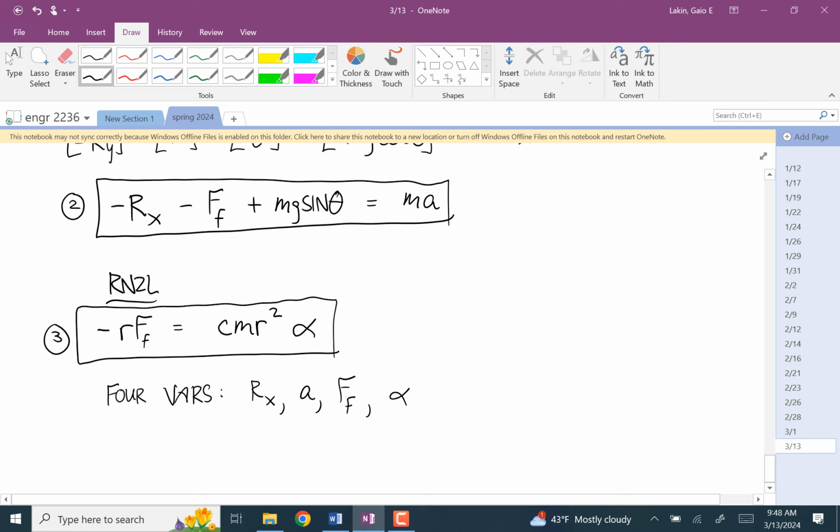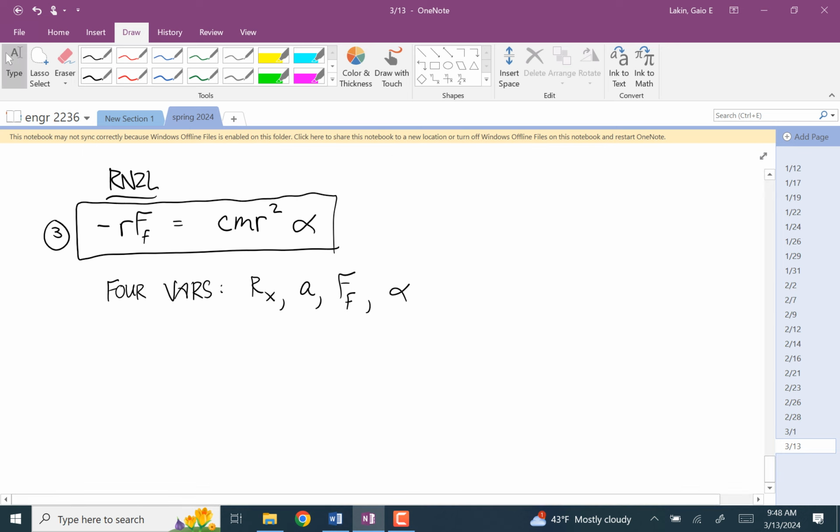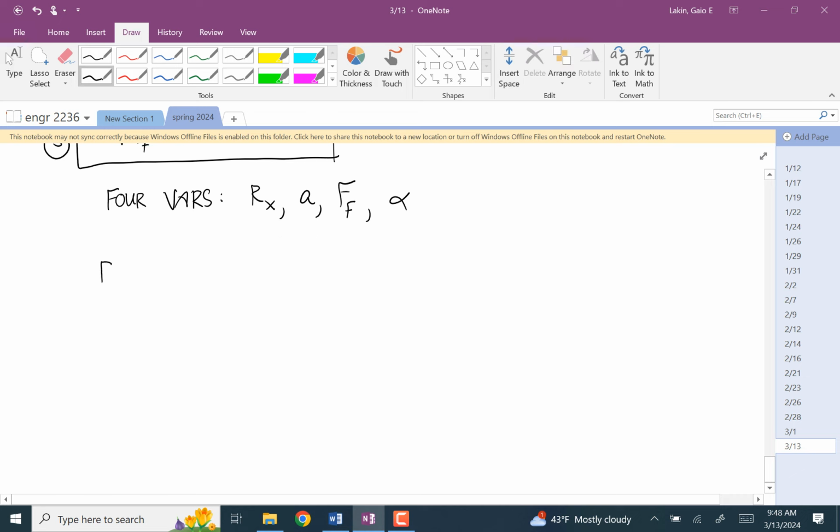So we need one more equation. What would you guess we're going to use for another equation for this problem in a section called rolling without slipping? So we're going to use the rolling without slipping relationships between the acceleration of the center and the angular acceleration. So from rolling, we know that the acceleration a0 is equal to negative alpha r0.